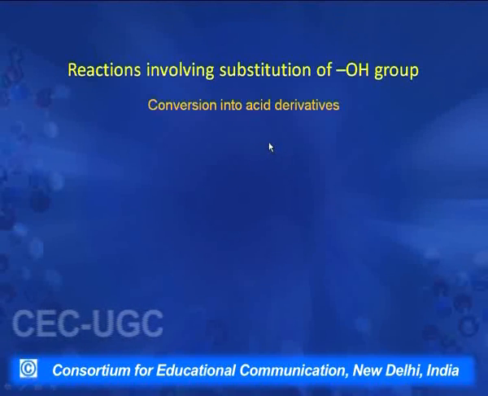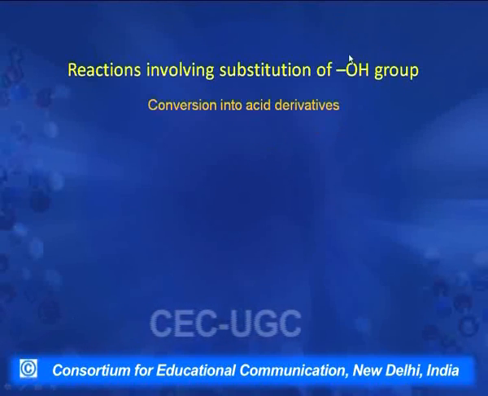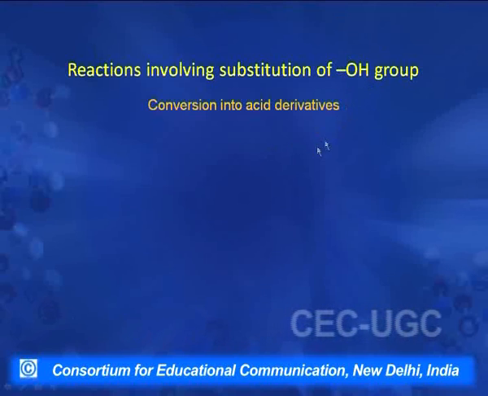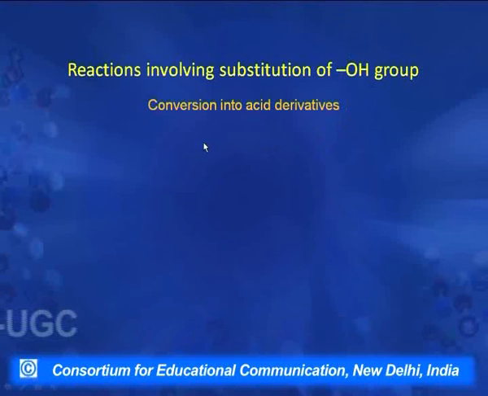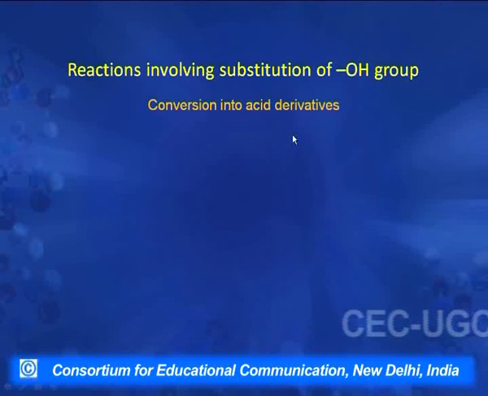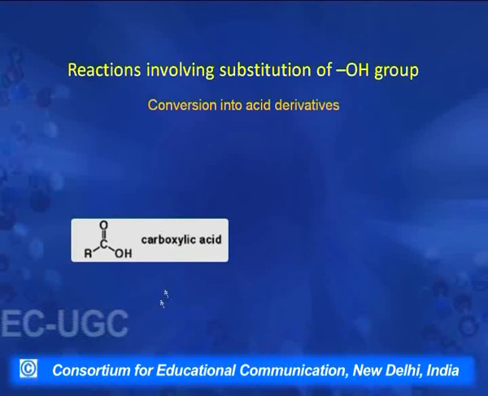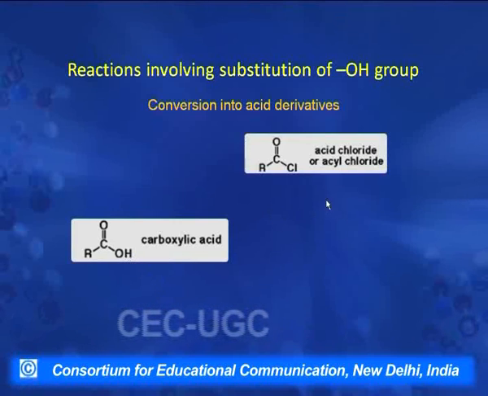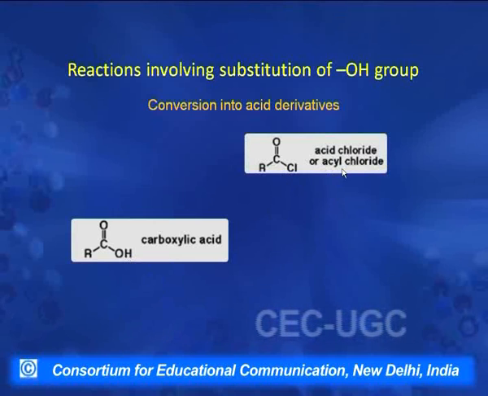Next, let us take up the reactions due to the OH group of acids. In the reactions of the OH group, it is replaced by different groups, and we call that reaction a conversion into acid derivatives. All those substances which are obtained by the replacement of the OH group are called acid derivatives. This is the carboxylic acid. If this OH is displaced by chlorine, this group of compounds are called acid chlorides.